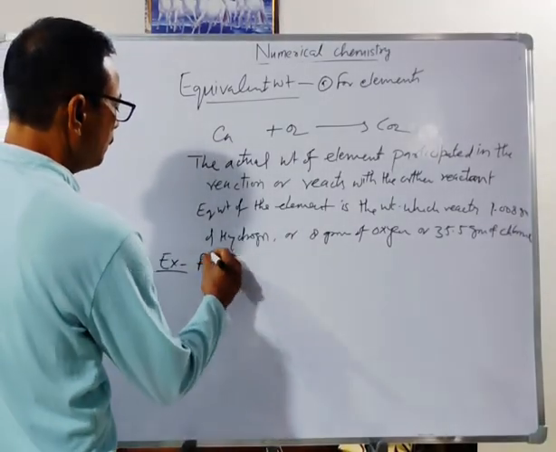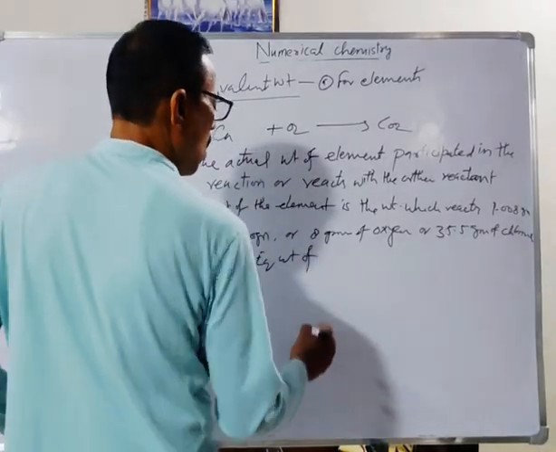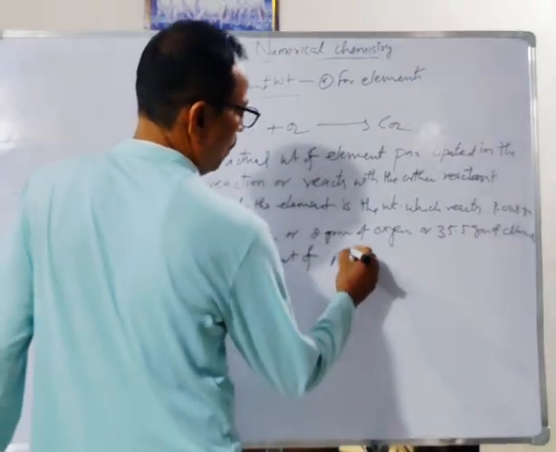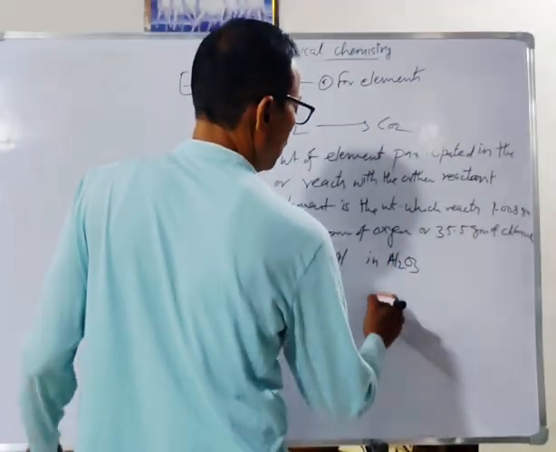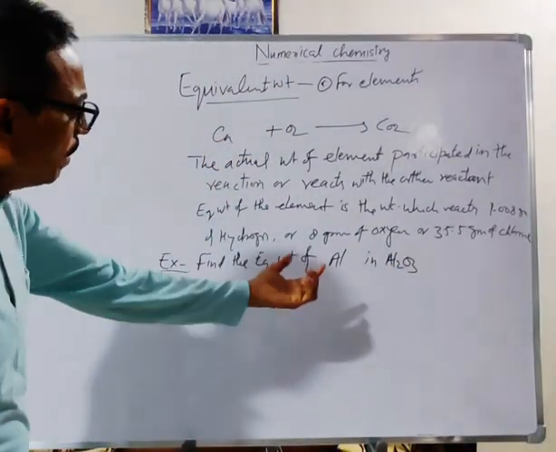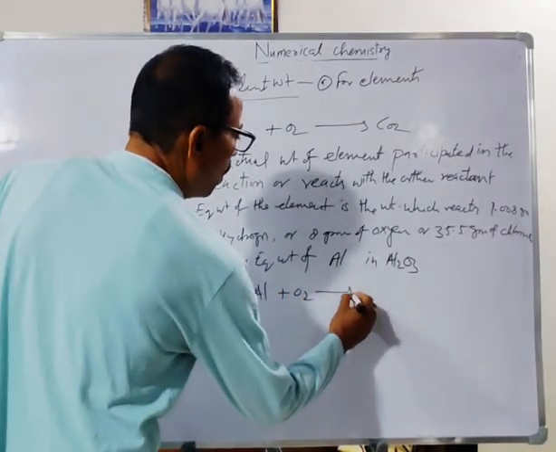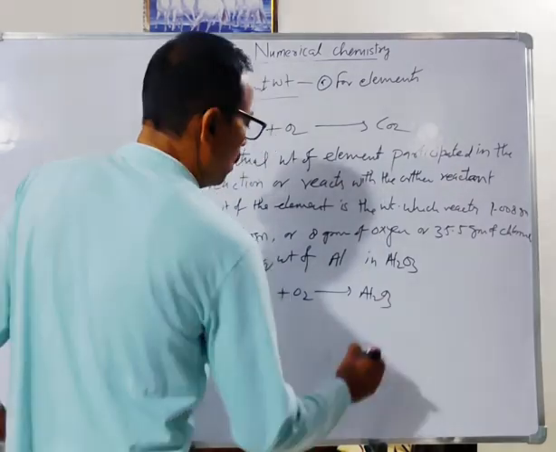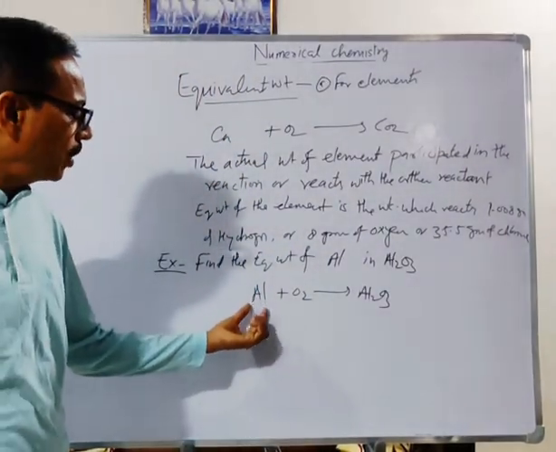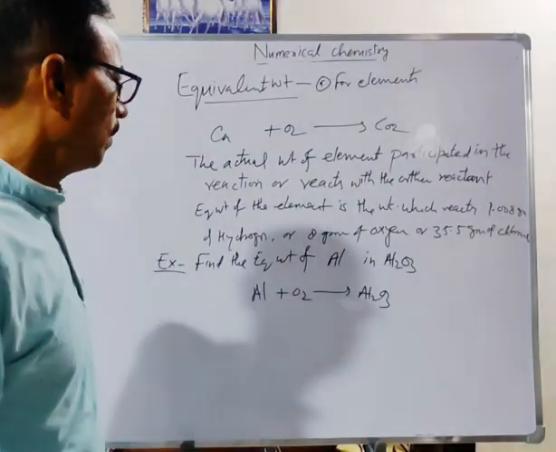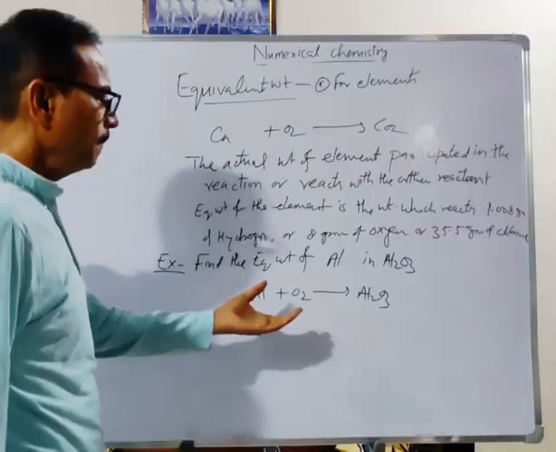Find the equivalent weight of aluminum in Al2O3. It means aluminum reacts with oxygen to form Al2O3. So you have to find out the equivalent weight of aluminum. Let us see how it will be.